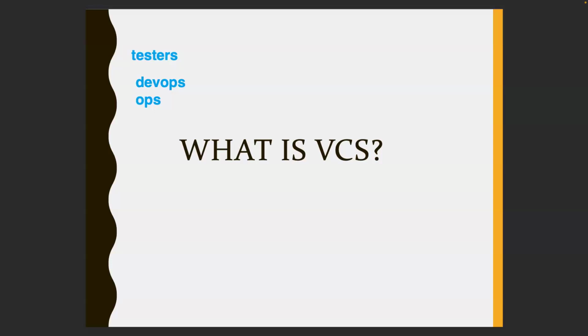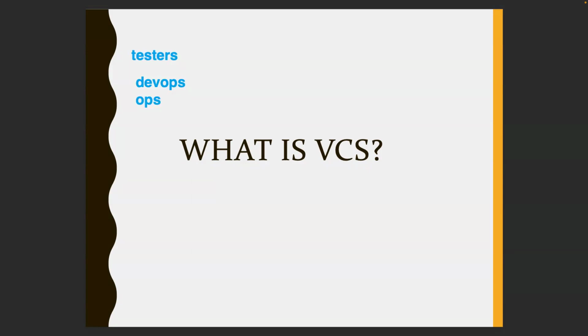And also any static files can be version controlled. They could be Java files, C#, Perl, Python, whatever it is, irrespective of the language. Even text files can be version controlled. Any static file can be version controlled. Okay.